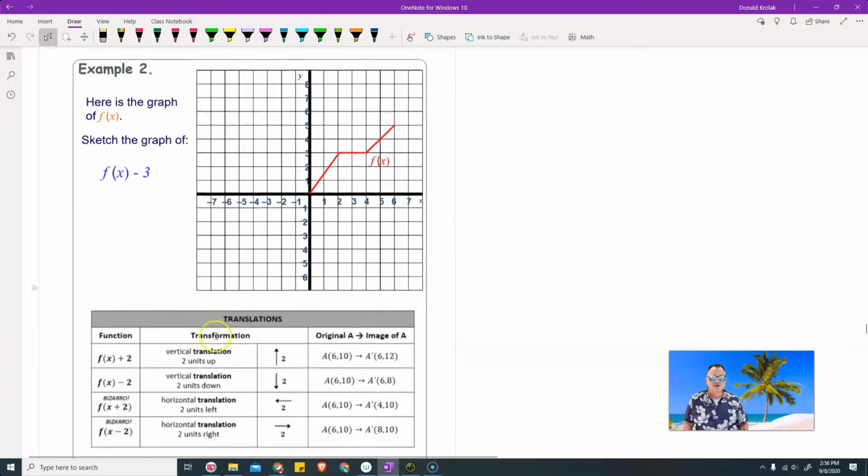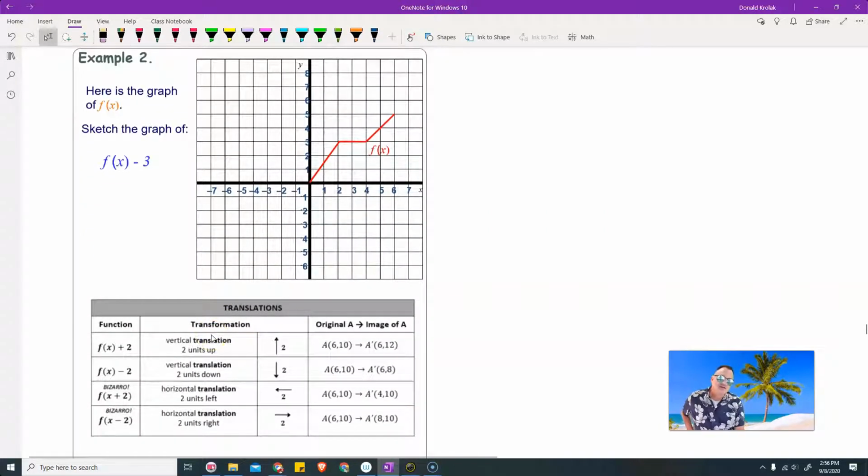All right, so if I was looking at this, this is the output. Okay, so this is an example of the output take away 3. So that's really the same as taking each y coordinate and subtracting 3.